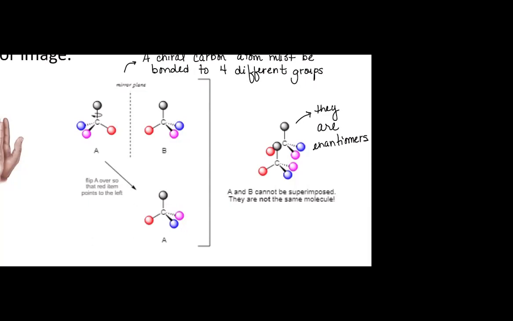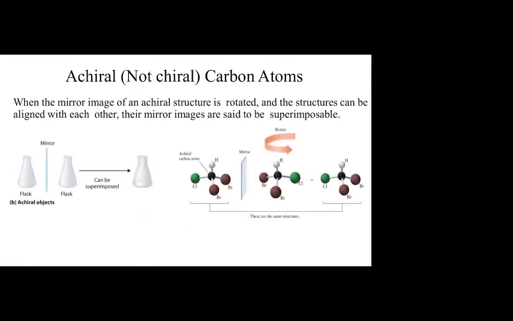Now, understand that not all molecules, when you look at their mirror image, are going to be non-superimposable, because we also have molecules that are not chiral. We have objects that are not chiral, okay? So when you have an achiral, or in other words, not chiral molecule, when you look at the mirror image of the first molecule, they are superimposable.